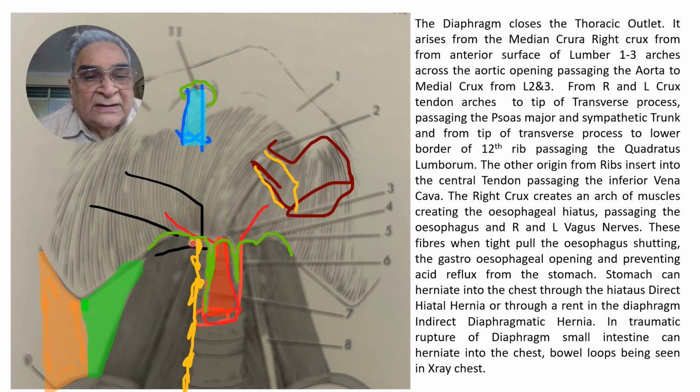So this is the medial arch, and from the transverse process to the base of the 12th rib, this is the lateral arch. So under the median arises the aorta, under the medial arises the sympathetic trunk and the iliopsoas, and from the lateral arises the quadratus lumborum muscle.